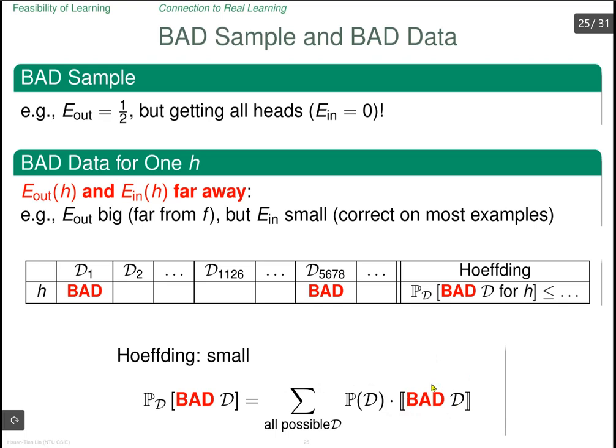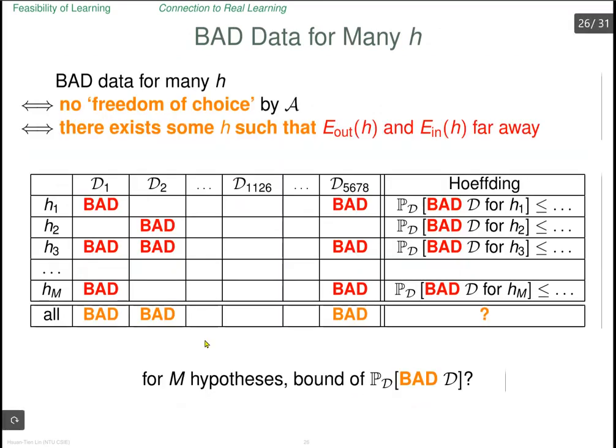So this is, again, we consider all these. And next we need to define the right-hand side of this inequality later. But before that, let's consider not one hypothesis but M hypotheses, as listed in this table.